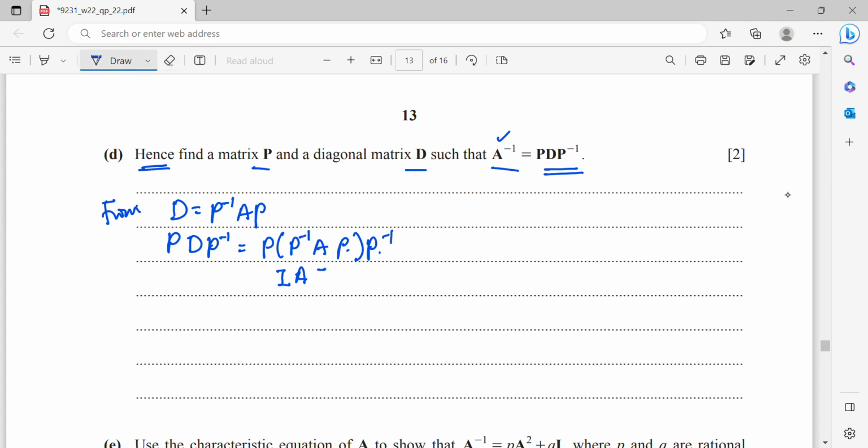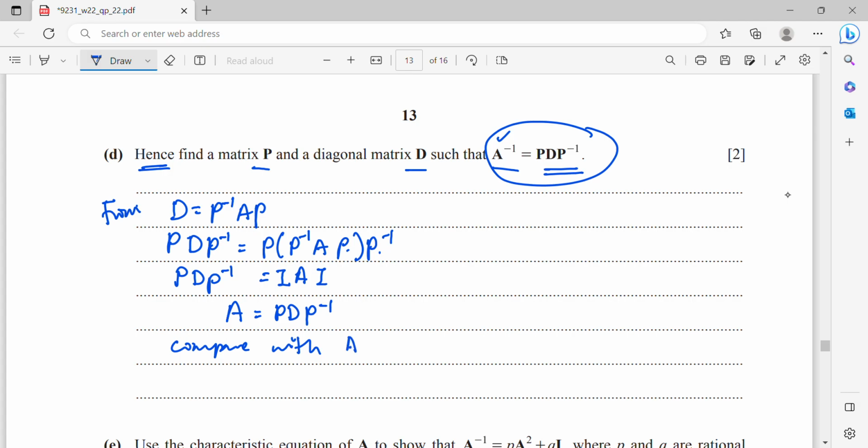Okay, on the right side. So before we compare, on the right side, I will get IAI, which is the A. So I will get A equals PDP inverse. Okay, but now if you compare with the given equation, let me compare with A inverse equals PDP inverse.